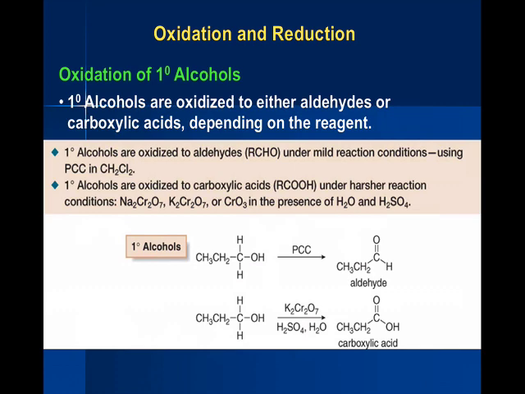Jones reagent will take a primary alcohol and oxidize it to a carboxylic acid. Jones reagent will take a secondary alcohol and oxidize it to a ketone. Jones reagent will take a tertiary alcohol and do nothing with it. So we're going to have different reagents that we need to commit to memory here.